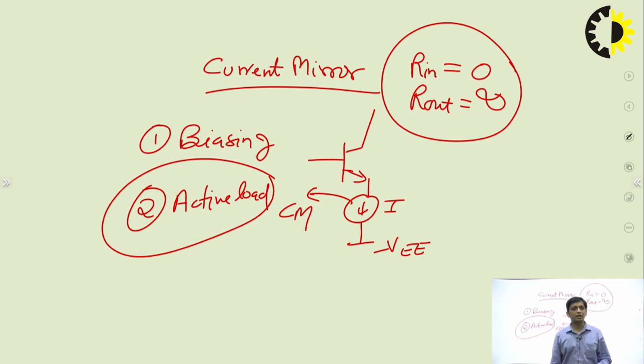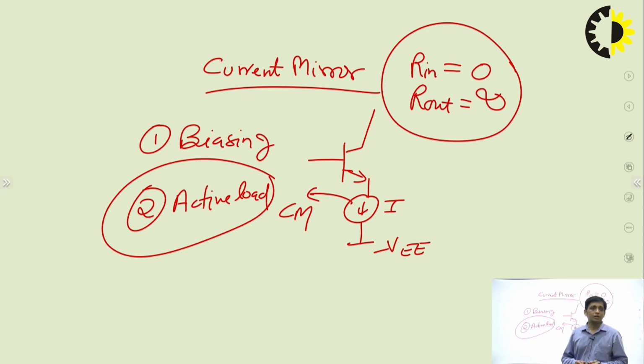So when we design any current mirror circuit, we need to consider two factors. The first one is that the output resistance should be as high as possible, and there should be minimum error between input and output current. The output current should properly track the input current.